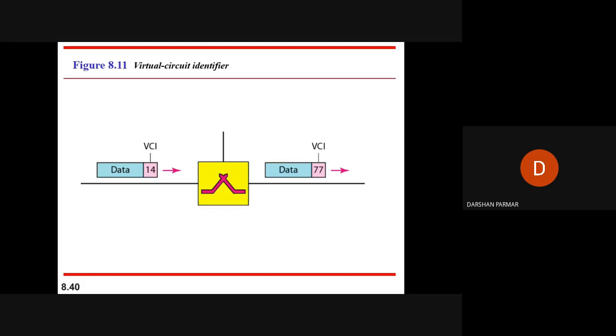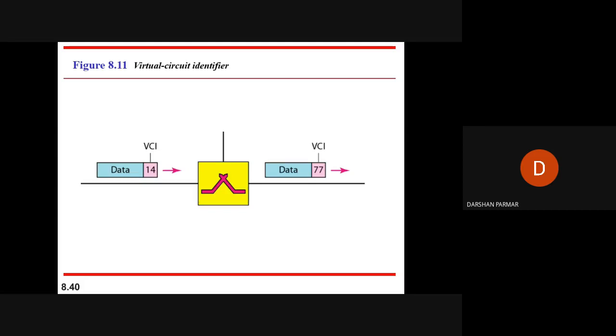A source or destination needs to have a global address. It means the IP, whatever IP you are using in datagram networking, will be the global address. It will always be unique, and it will be the same throughout the whole transmission. So it is never going to be changed.